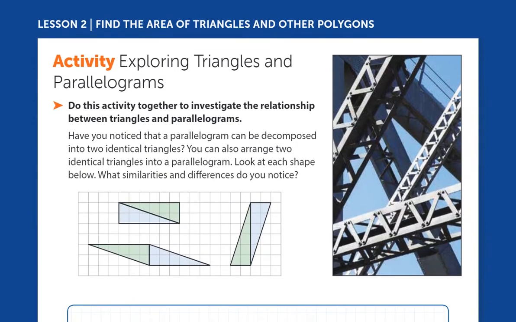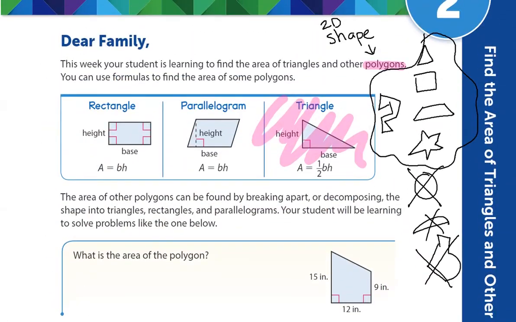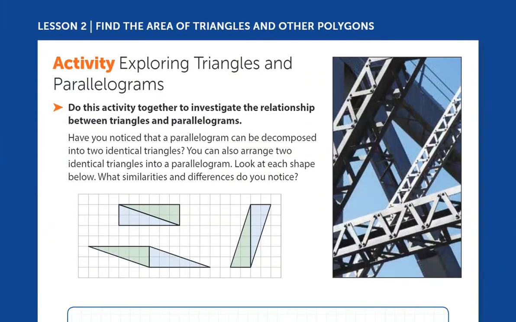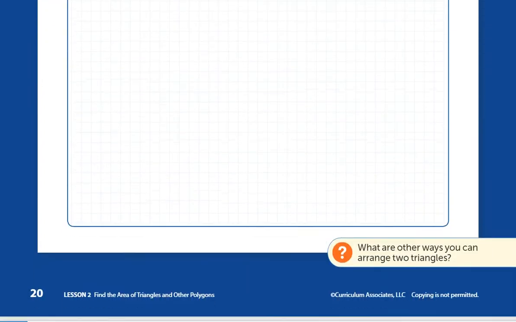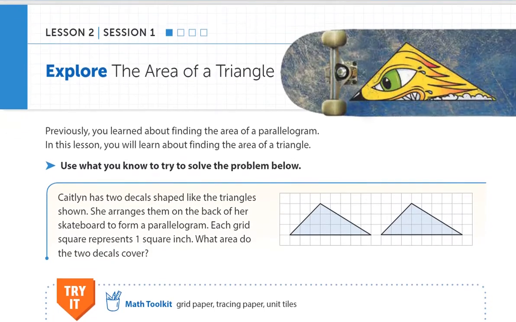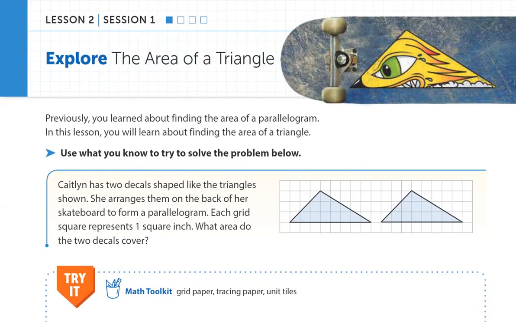But first, after your parents have gone over the Dear Family letter, you're going to do this page right here, this little activity with your parents on your own time. But we are going to do session 1 right now, which is the area of a triangle, and this is the Explore activity.